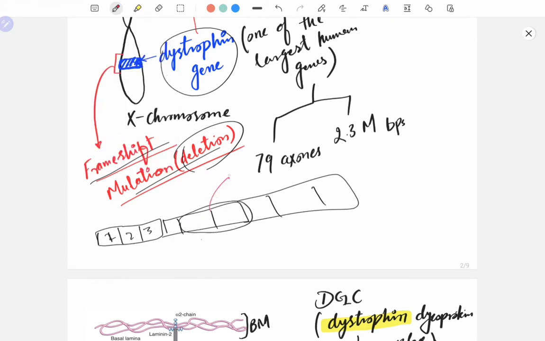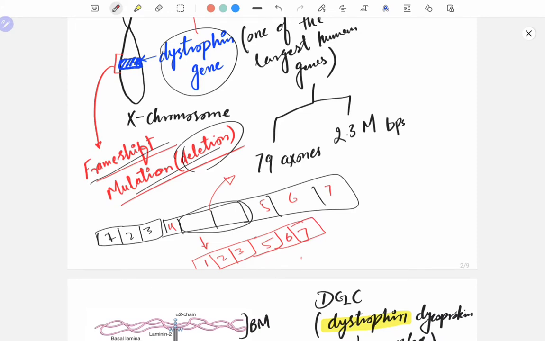These two nucleotides are deleted from the DNA sequence, and 1 2 3 are removed. 4 5 6 7. 5 6 7.